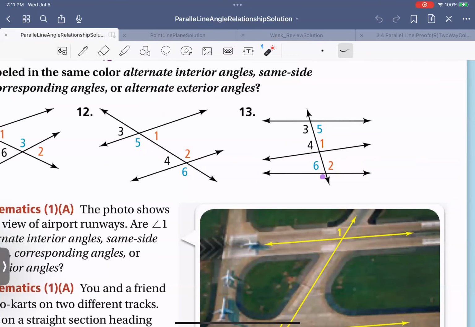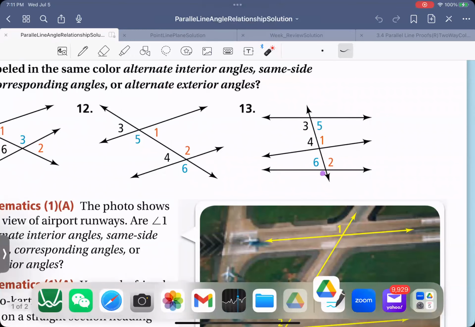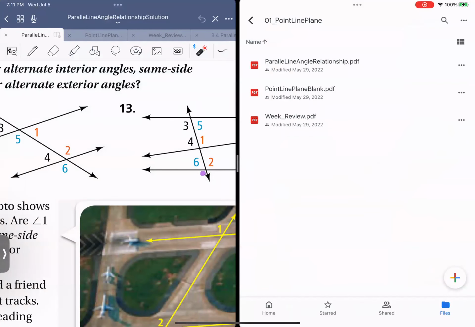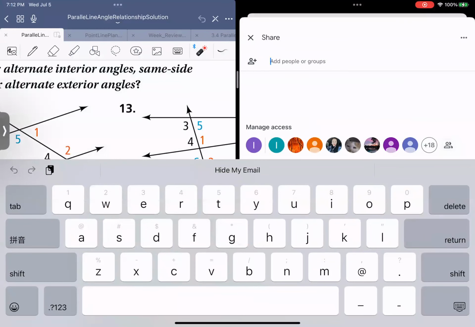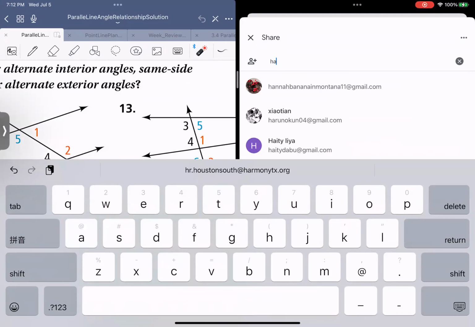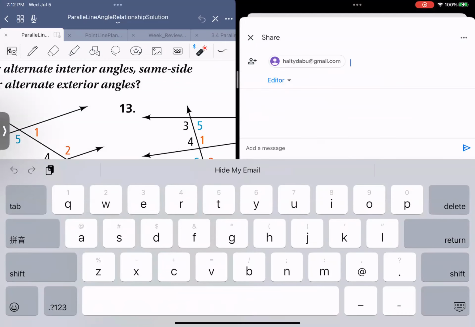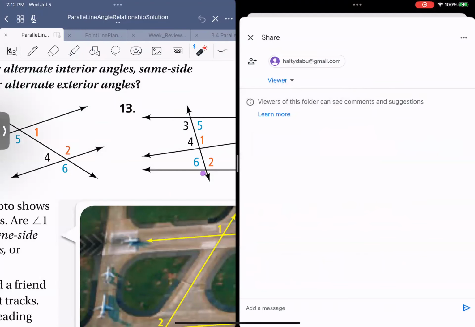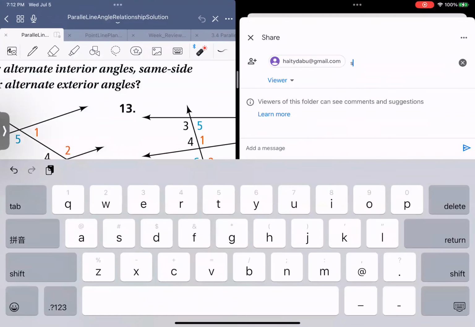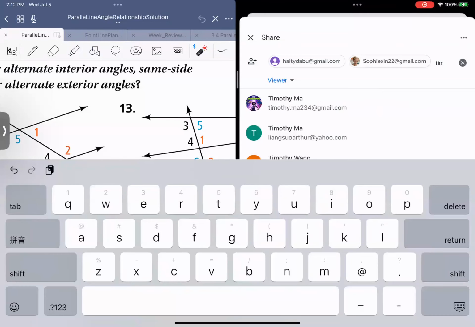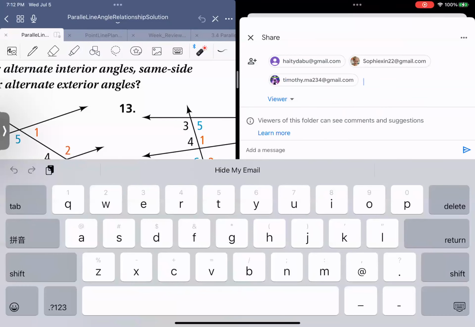Hold on. We have some new students, so you might not know the way I assign the homework. So here, I already see here. Haiti, is this your Gmail? Okay. I will confirm with each student. Sophie, this is your Gmail. Timothy, this is your Gmail.